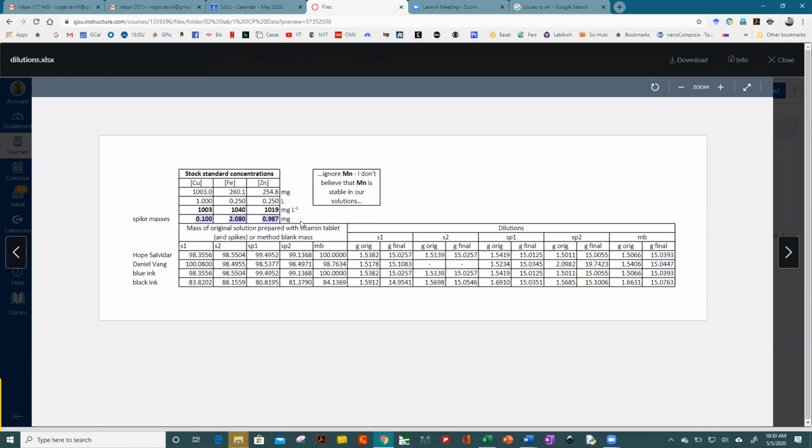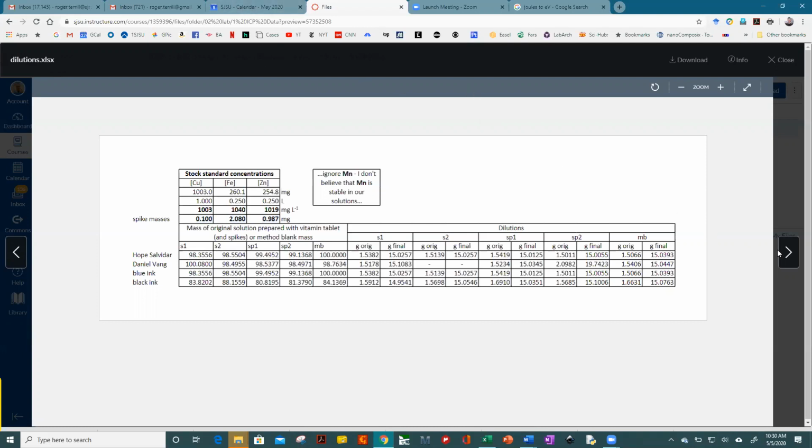And then you take this milligram. So these are actually the number of milligrams. So this is 1 times 1,003.